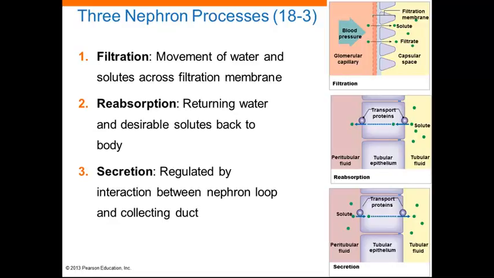Reabsorption is the process of returning water and desirable solutes back to the body, which occurs primarily in the proximal convoluted tubule. And secretion is the transport of undesirable materials missed by filtration. This occurs primarily at the distal convoluted tubule. Water, sodium, and potassium are regulated by interactions between the nephron loop and the collecting duct.